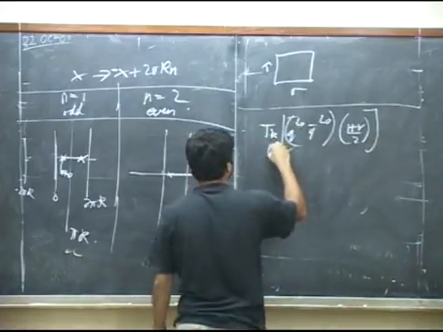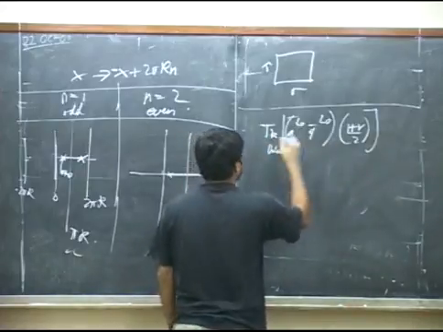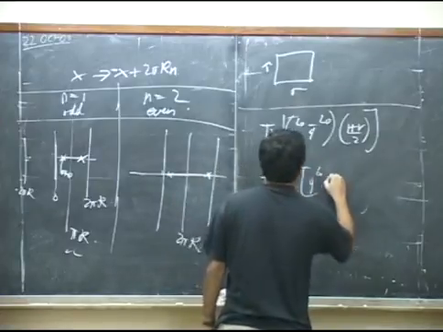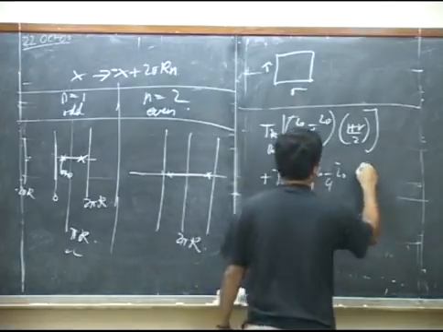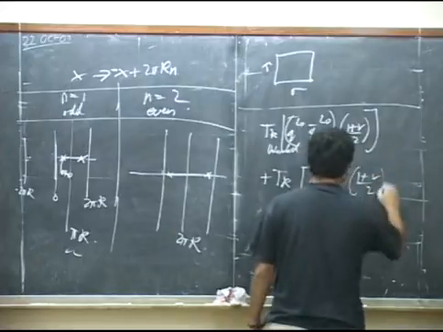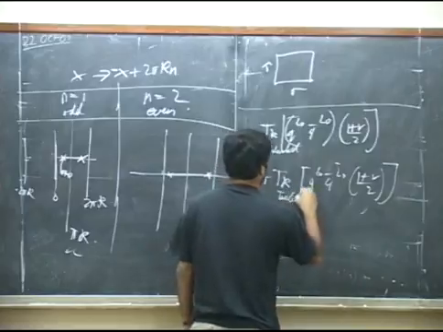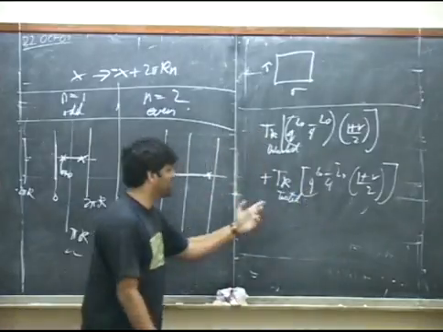In the untwisted sector, plus the trace of q to pi naught, q bar to pi naught bar, times 1 plus R by 2 in the twisted sector. In the 2 twisted sectors.